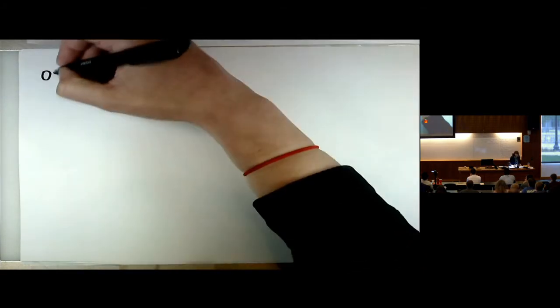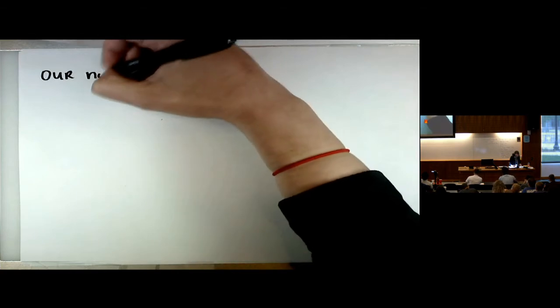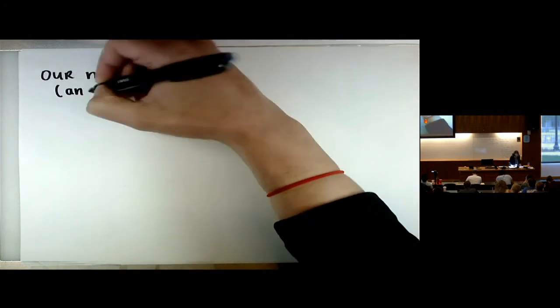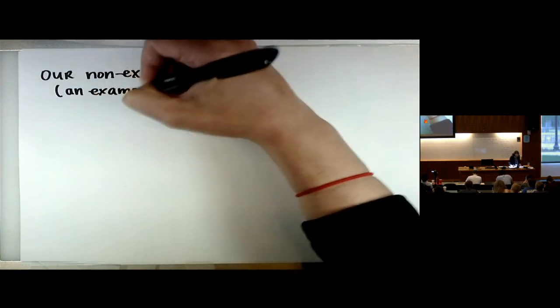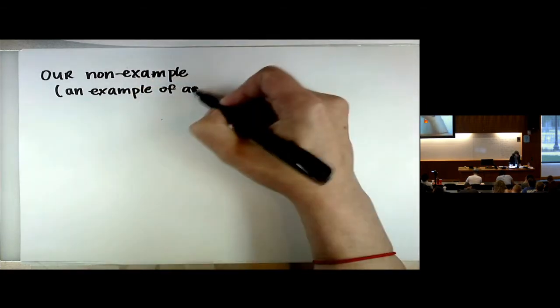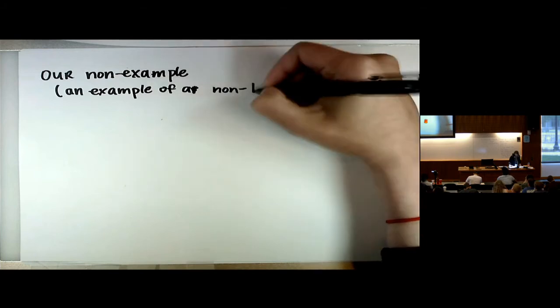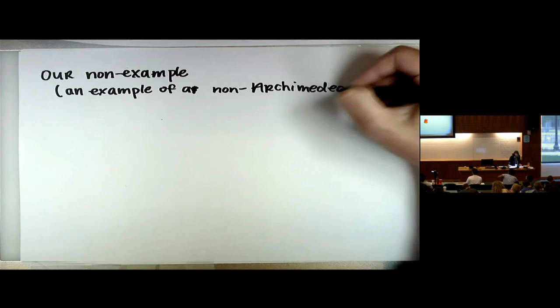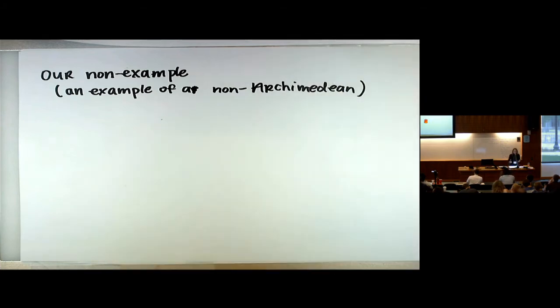So our non-example, and by that I mean it is an example of a non-Archimedean field. And I was explaining to someone last night, there's really two kinds of field, the Archimedean ones and the non-Archimedean ones. And it's not a very deep statement, but that's how it is.